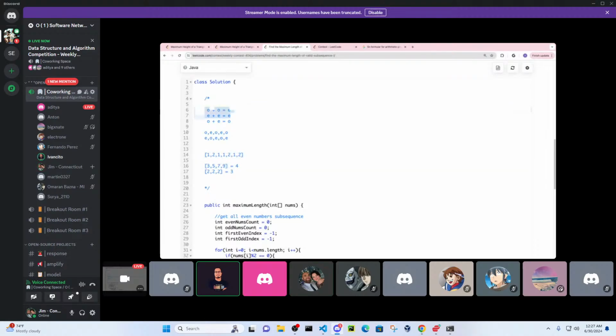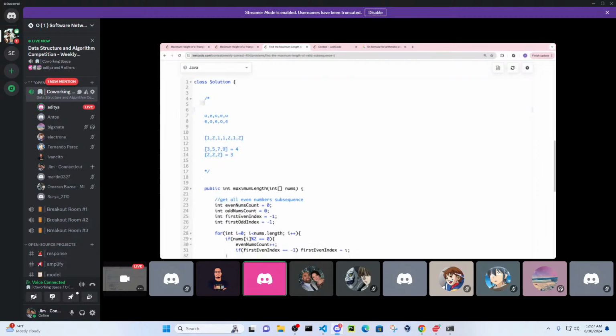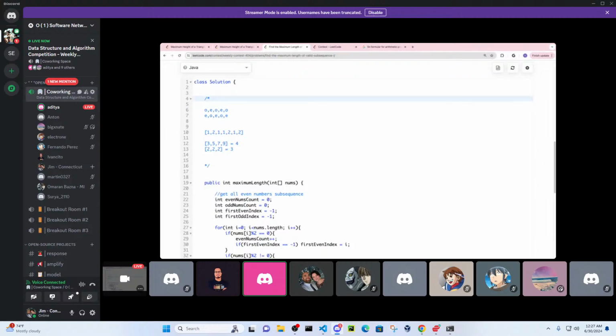I have a question for you guys. What is the secret to doing well in these kinds of problems? Just study more algorithms and data structures, or just keep practicing LeetCode? What have you guys done to do this? I mean, this is more like math actually. It's not data structures.